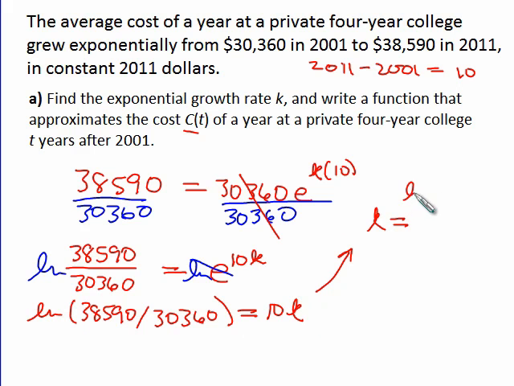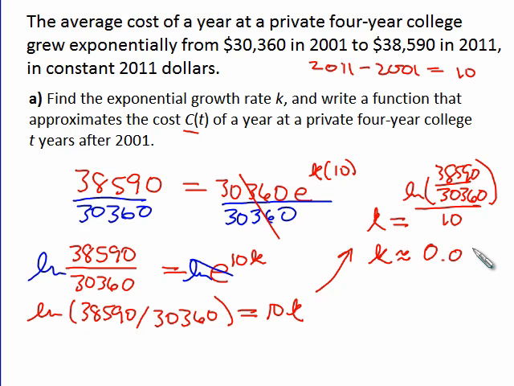This is what I need to type in my calculator: the natural log of 38,590 over 30,360, and divide it by 10, giving me a value of k, which is approximately 0.024.